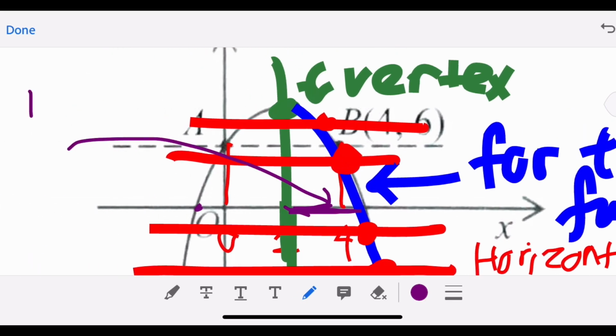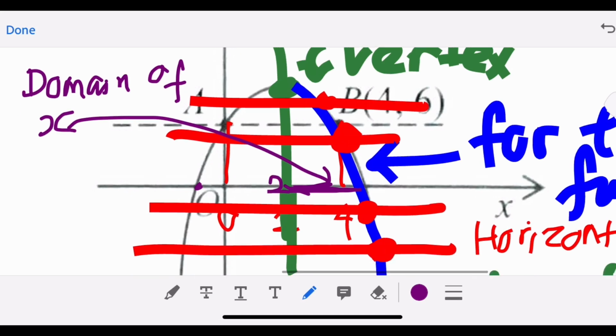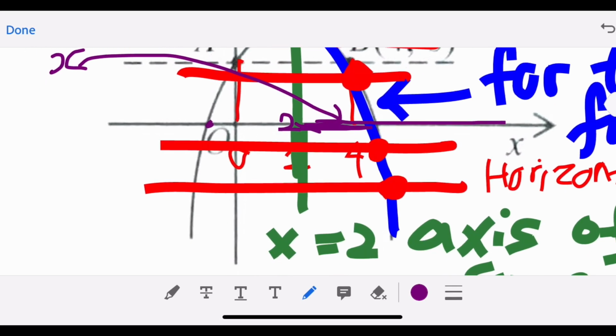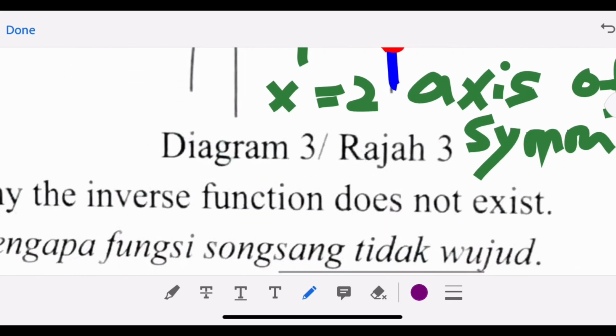That range of x is the so-called domain. For this particular domain of x, you will have a one-to-one relation, which is a function. Alright, understand? So for this part of the graph, the inverse exists.